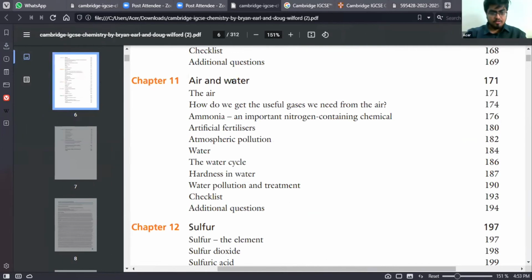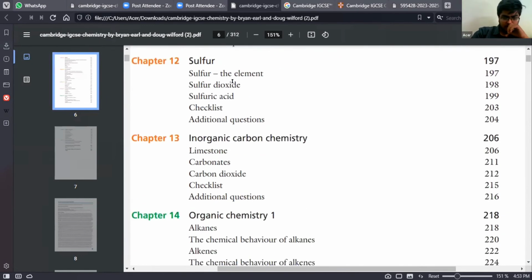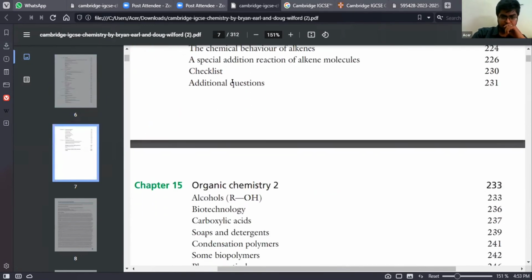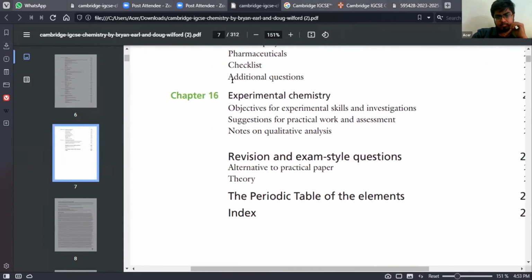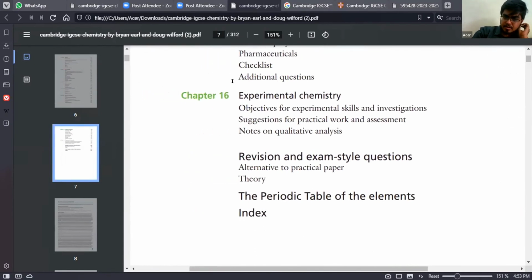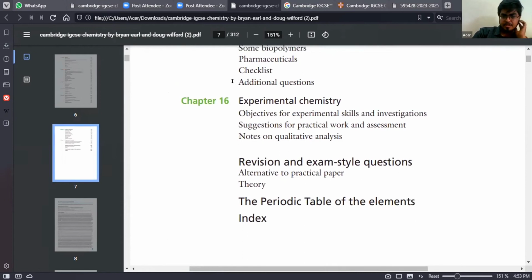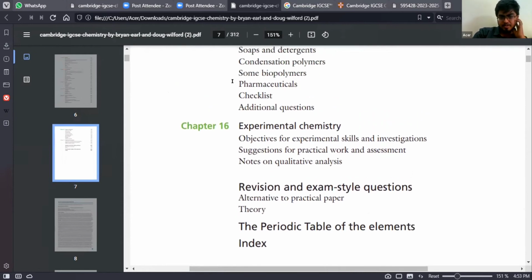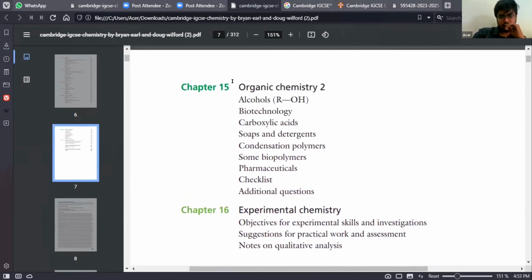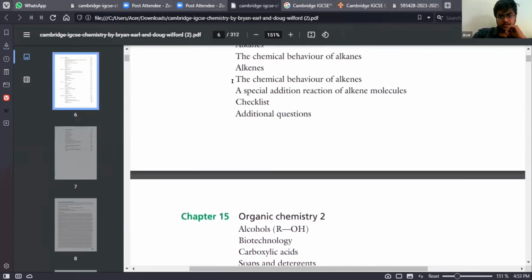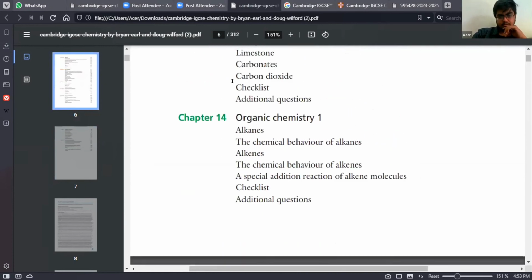Okay, let's now study some about separation techniques. Objective: experimental skills, investigations, experiment, separation, qualitative analysis. We don't have separation techniques in this book, most probably.